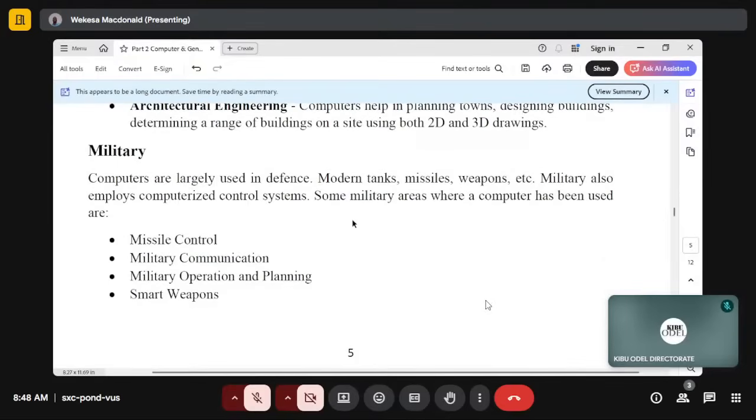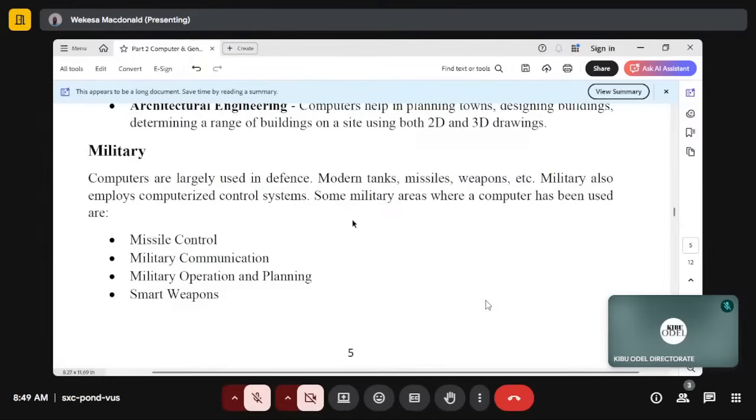Computers are used in the military, okay? Unaona sahii kuna vita ya Iraq na Amerika na Haiti. Unaona sijui kombora limetumwa kulipua mahali.